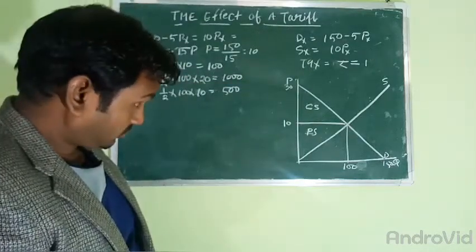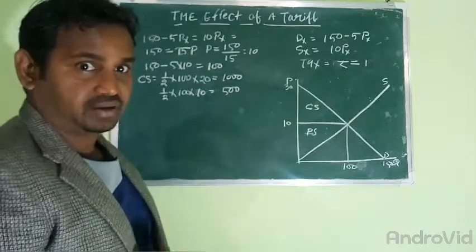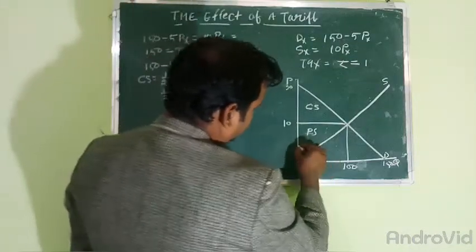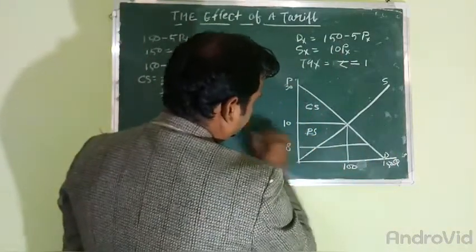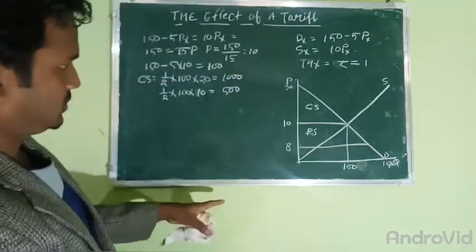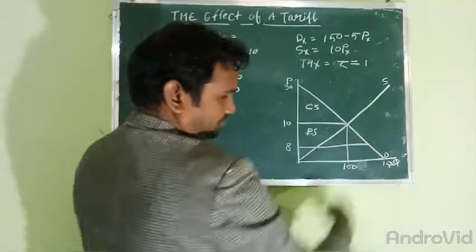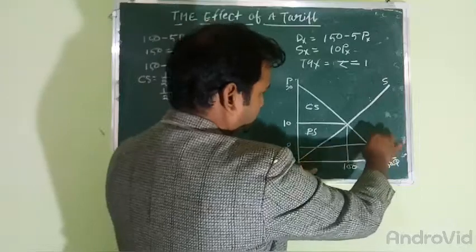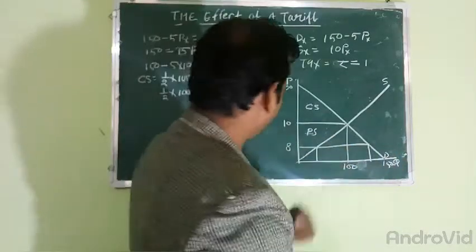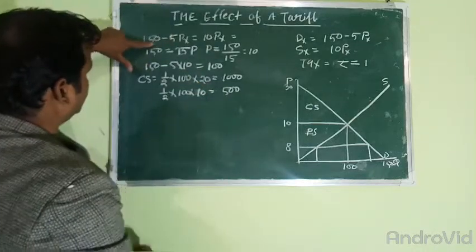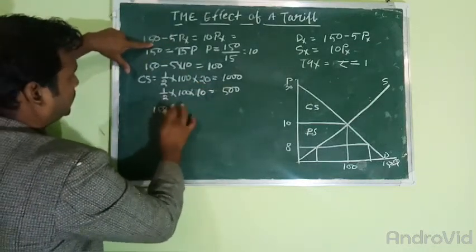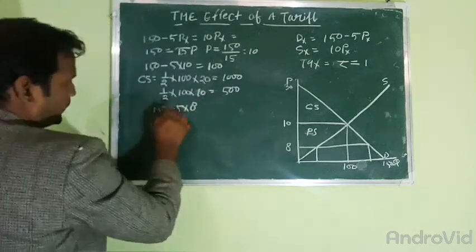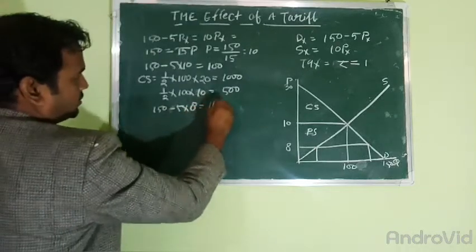That is without trade. Now suppose trade starts, with an example price of 8 rupees. At 8 rupees, we have domestic demand and domestic supply. Find the demand quantity: 150 minus 5 into 8, that is 150 minus 40, which means 110.